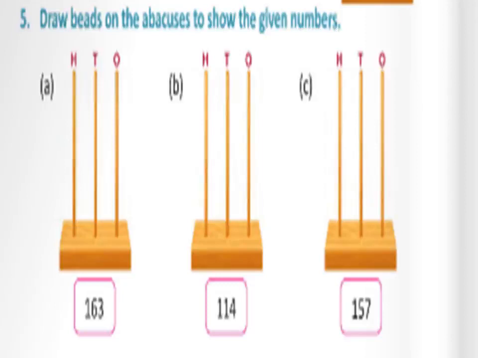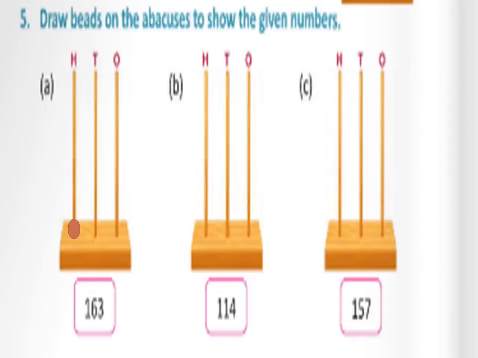163. So 3-digit number. There will be 3 places: hundreds place, tens place, and ones place. Hundreds place will have 1. So draw 1 bead. Then tens place 6.